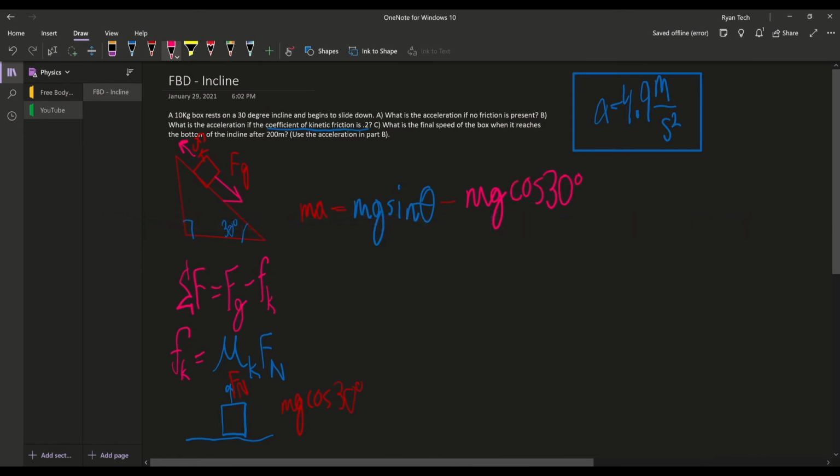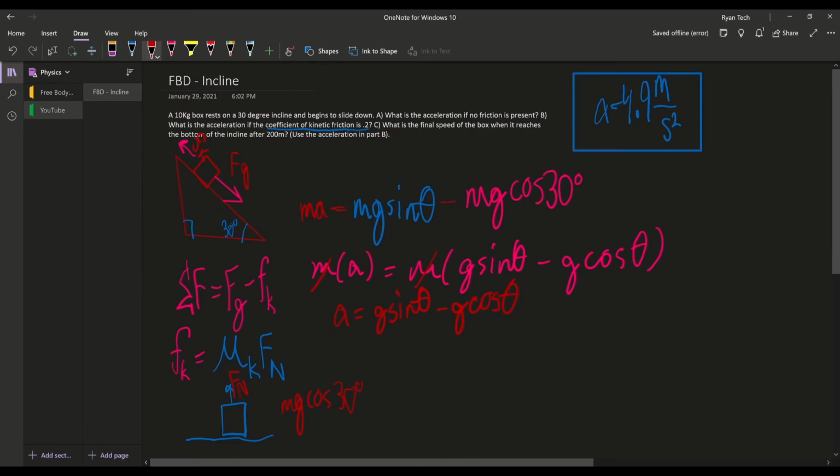Now we can factor out m on both sides, so m times a is equal to m times g sine of theta minus mu g cosine of theta. Now we can cancel out all the m's from both sides, and we're left with a is equal to g sine of theta minus mu g cos theta.